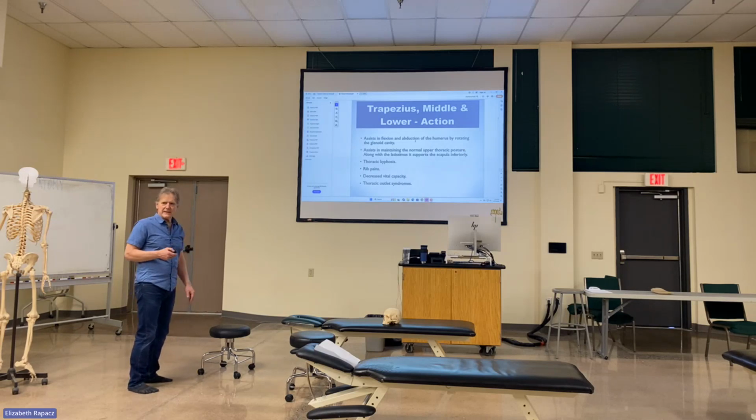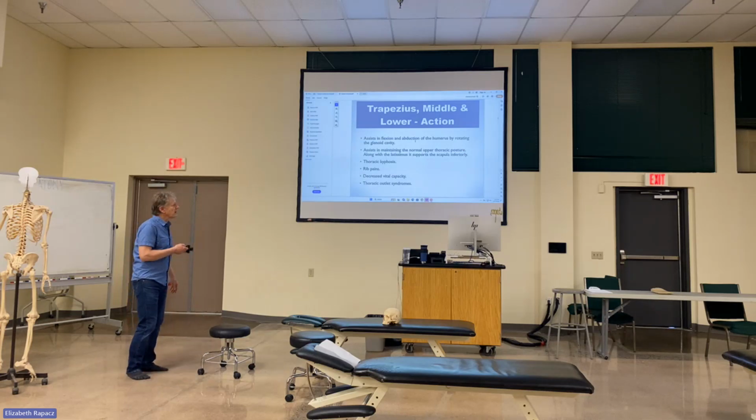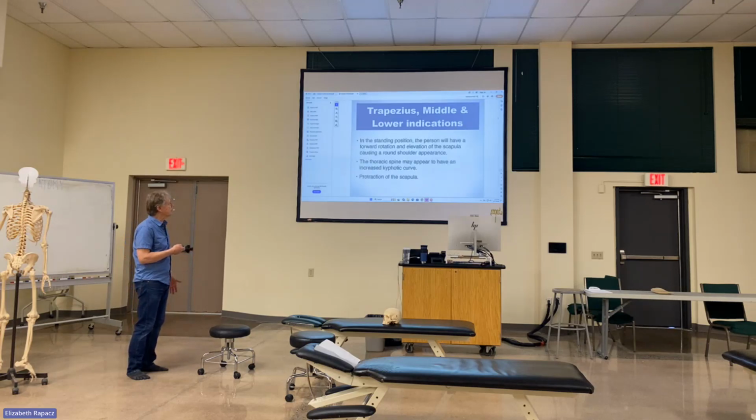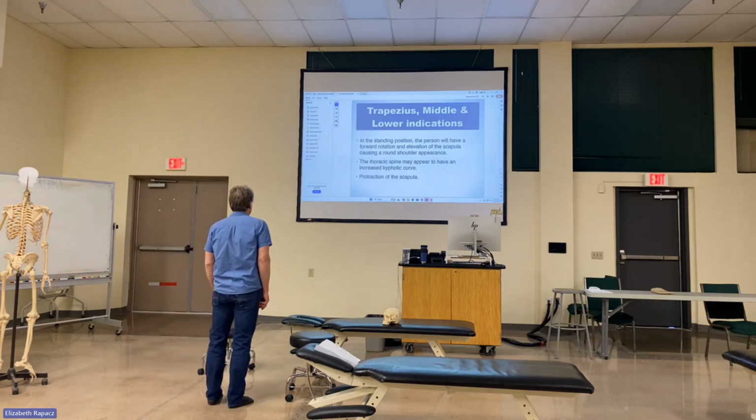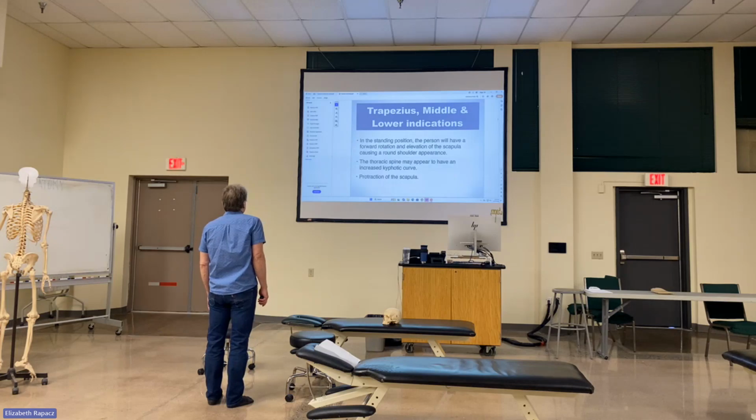They affect all kinds of things. They have a huge, broad contact area, and you'll find trigger points in them. Often these are a source of problems that get overlooked, these outer superficial muscles. So if I was standing here like this, you'd say, well, your upper trap is high.